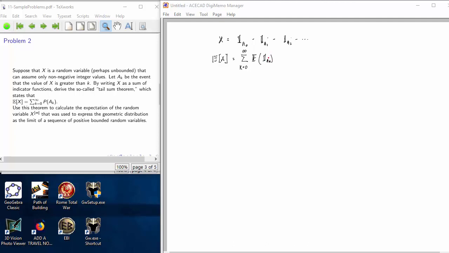But the expectation of an indicator function is just the probability of the relevant event. So that is equal to the sum from k equals 0 to infinity of the probability of the event a sub k. And this is the tail sum theorem.